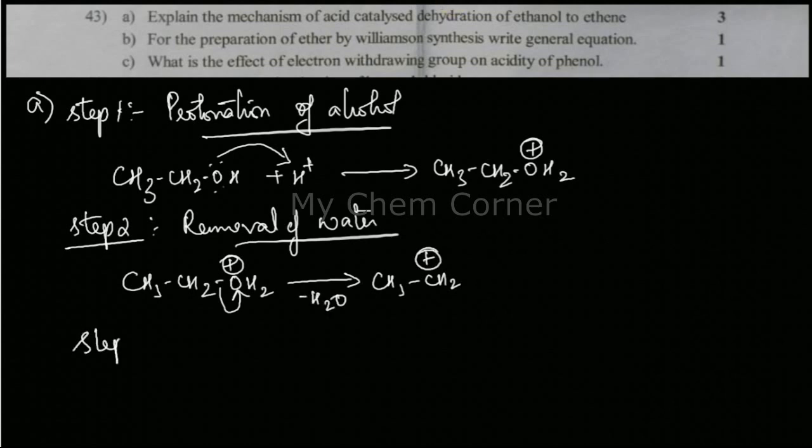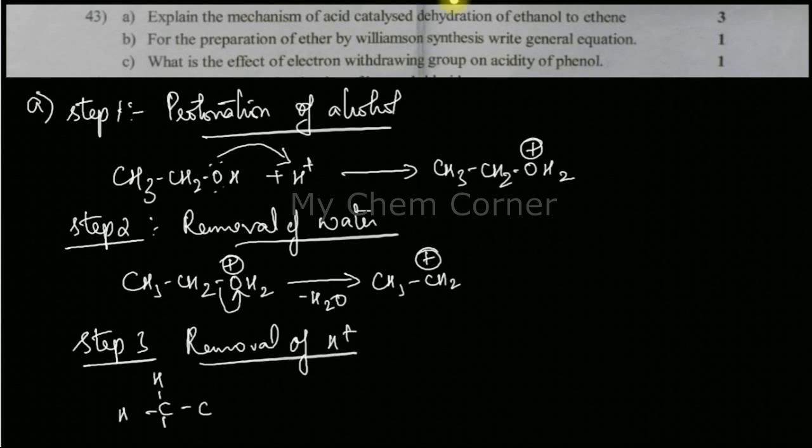And then the last step is going to be removal of H plus. So here I'm just going to split that particular molecule, H and H, H and H with a positive charge, and from the adjacent carbon it's going to form a double bond. So you will get CH2 double bond CH2. Each step will carry 1 mark.